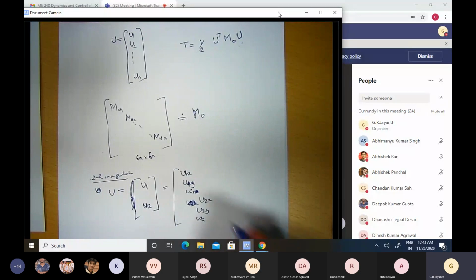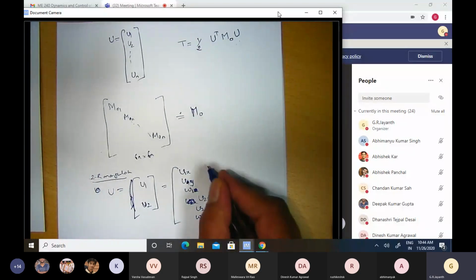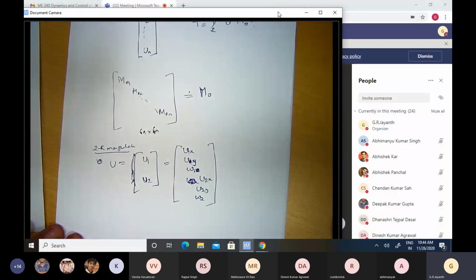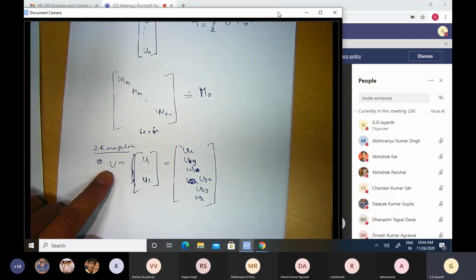Not omega 1x and omega 1y; they are all along the z-axis, so we will simply call them omega 1 and omega 2. This will be the structure of the overall velocity vector for the case of the 2R manipulator. Any questions about this?